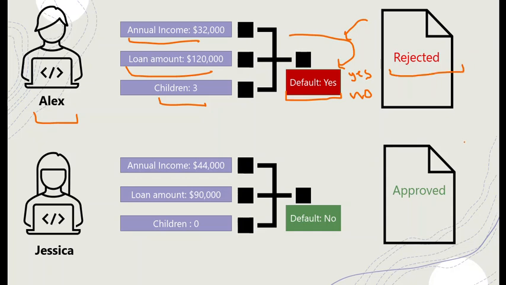On the other hand, we have Jessica who went through the same process. She went online to lendus.com, filled in some information: annual income, loan amount, children, property area, and all of the remaining values we've talked about in the previous slides, right?